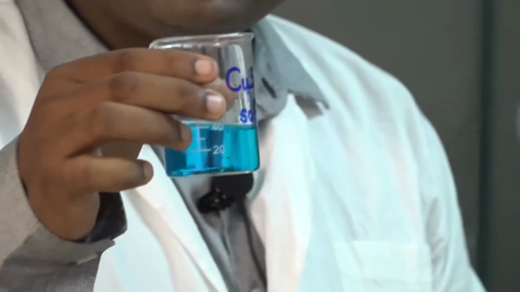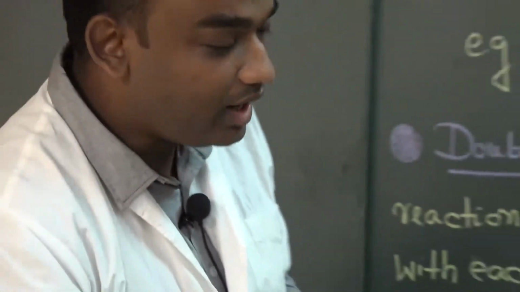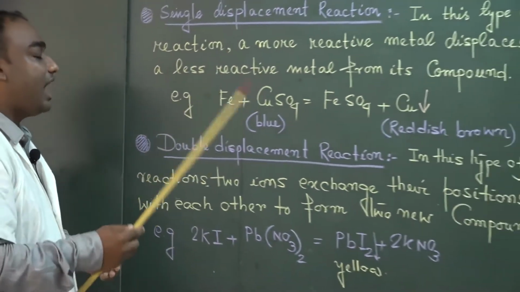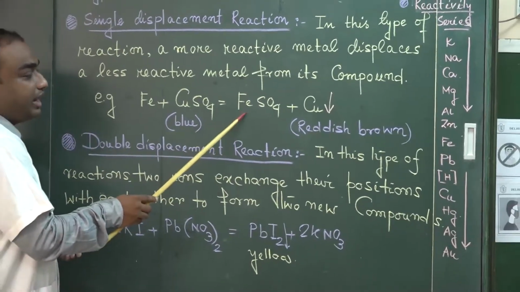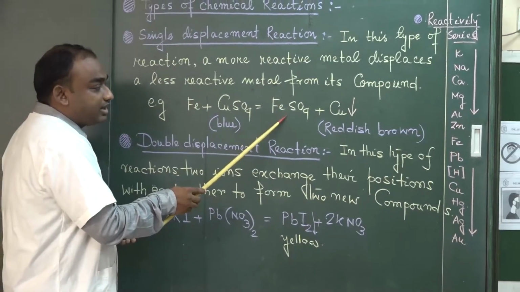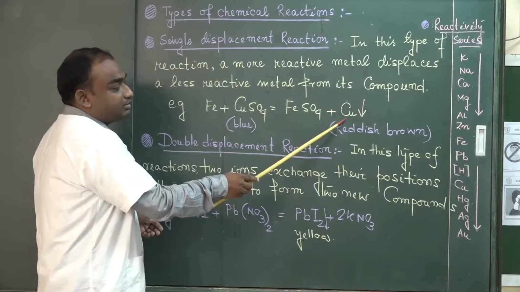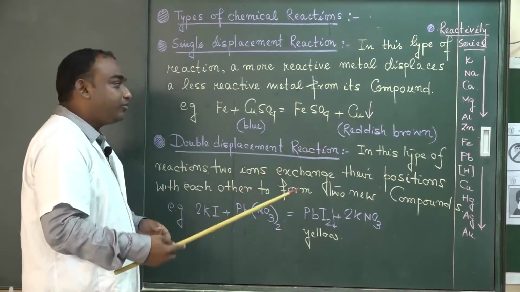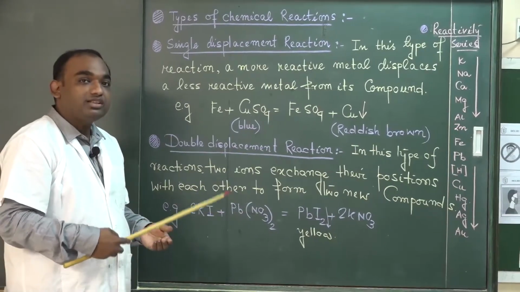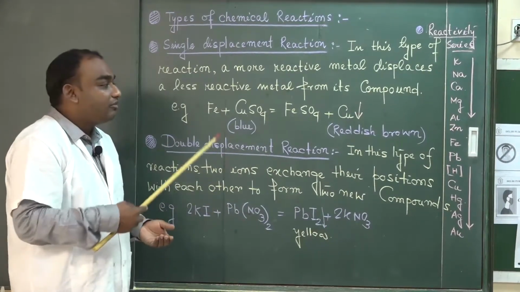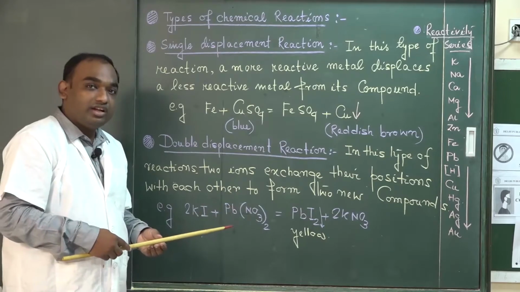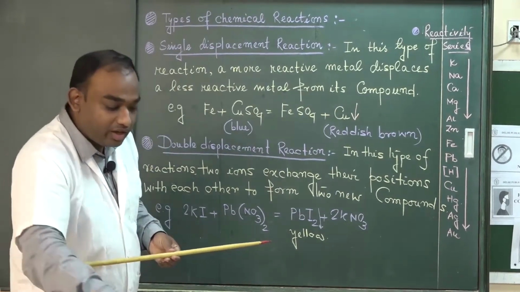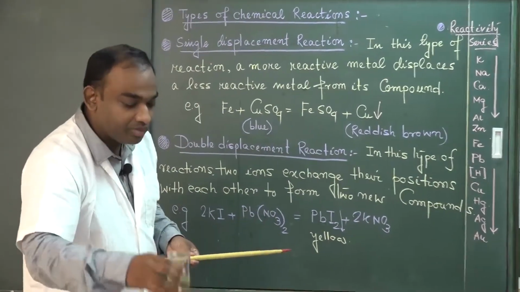Now with the progress of time, we will find that it will be converted to ferrous sulphate and a reddish brown precipitate of copper will be obtained. So if we wait for 5 minutes, 10 minutes, 20 minutes, finally we will get this reddish brown precipitate. So we are having the product.